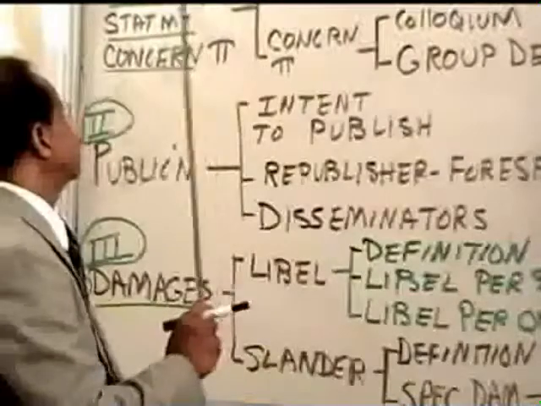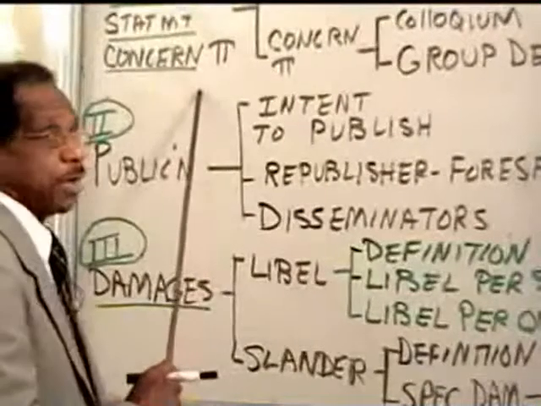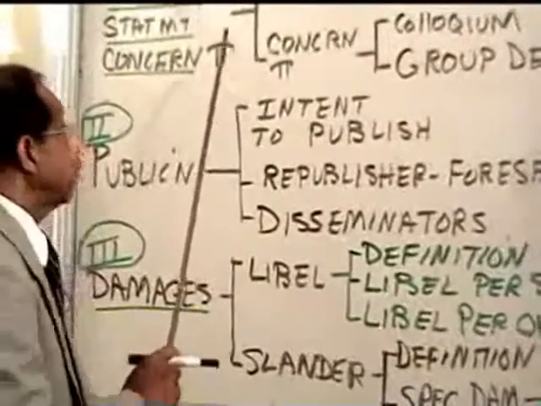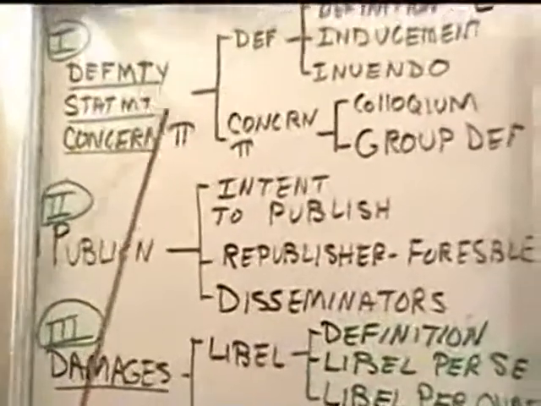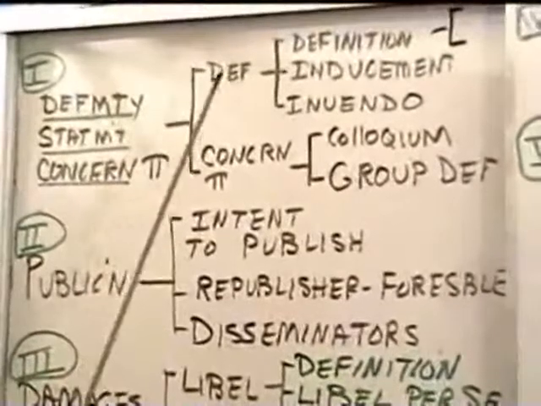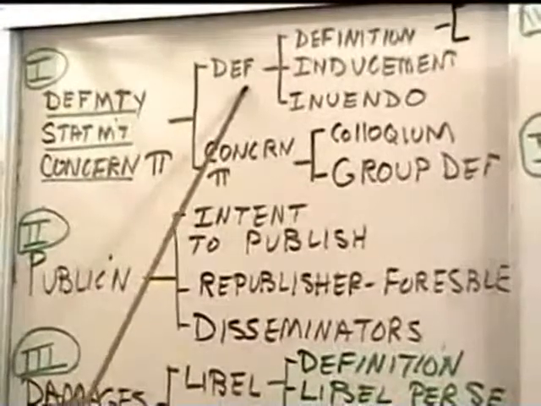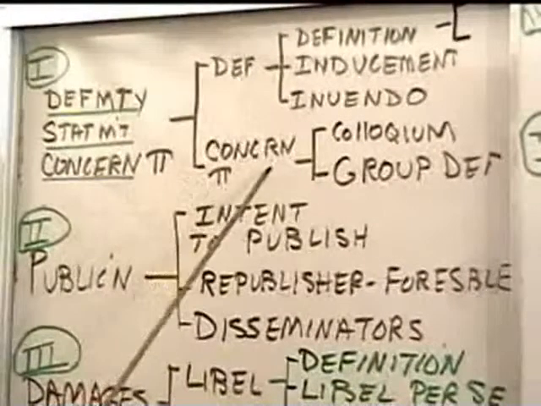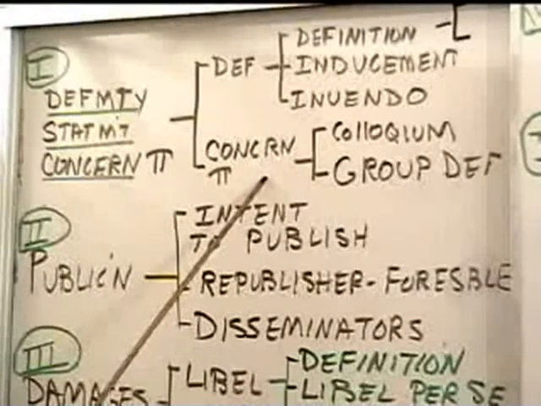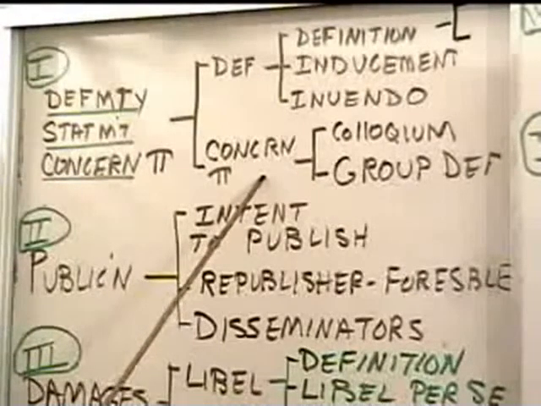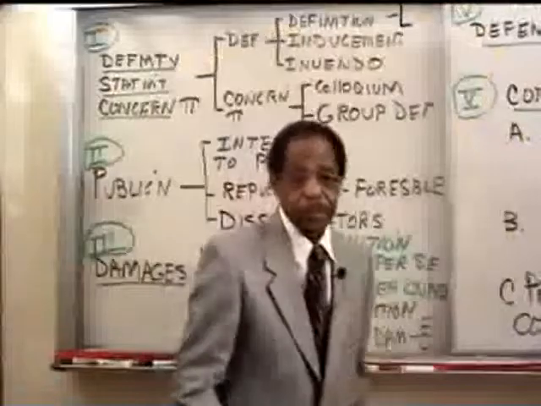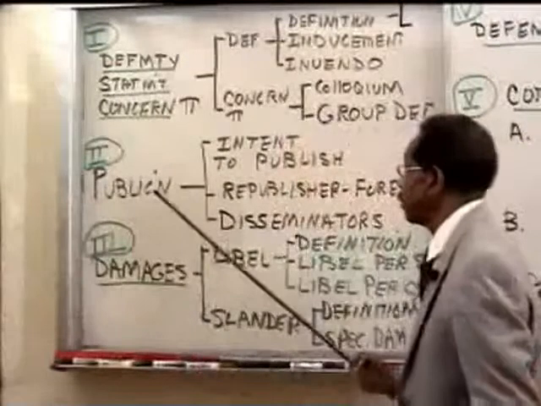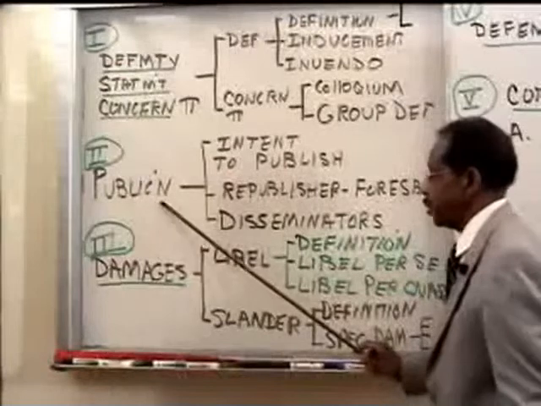So our first part then of a cause of action for defamation is that the defamatory statement concerning the plaintiff, here are the things you may need to say about it. That brings us to the second element of defamation, and the second element is, was the statement published?